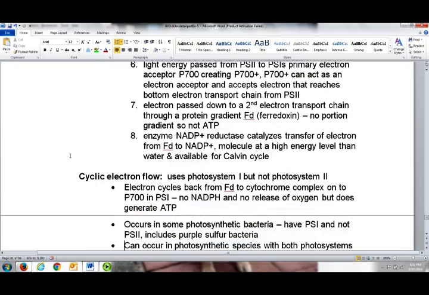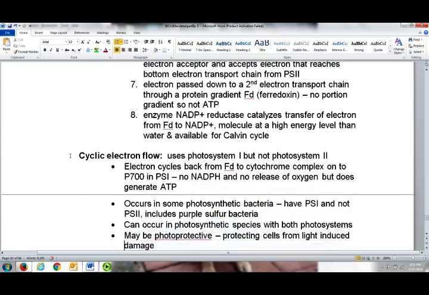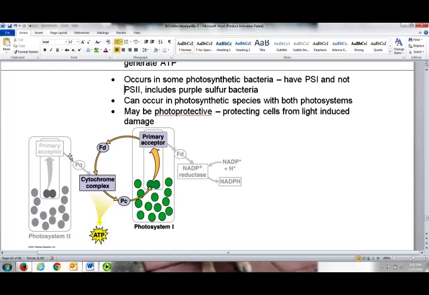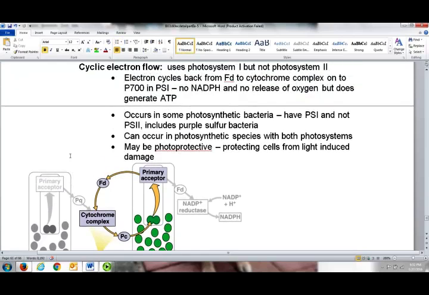So with cyclic electron flow, it uses just photosystem 1, but not photosystem 2. So here the electron is going to cycle back to the original reaction center, and so you don't need a continual new source of electrons. So the electron cycles back to the cytochrome complex in the P700.